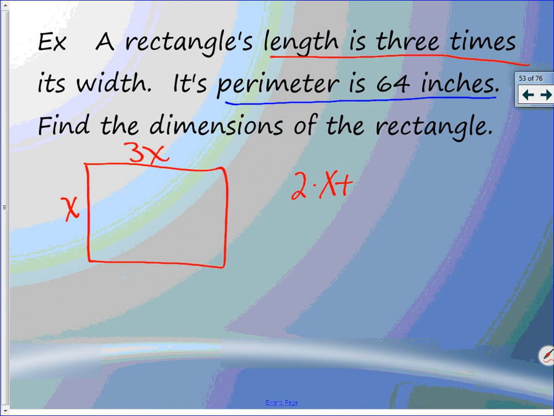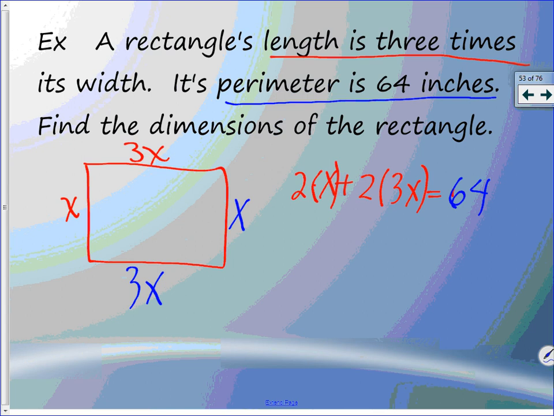So x times 2 plus, I'll do it like this, x times 2 plus 2 times 3x equals 64. And why did you double both of those sides, Damian? Because it's 4 sides. Yeah. So we have 2 sides that are x units long and 2 sides that are 3x units long. So 2 sides that are x, 2 sides that are 3x, and that equals 64.